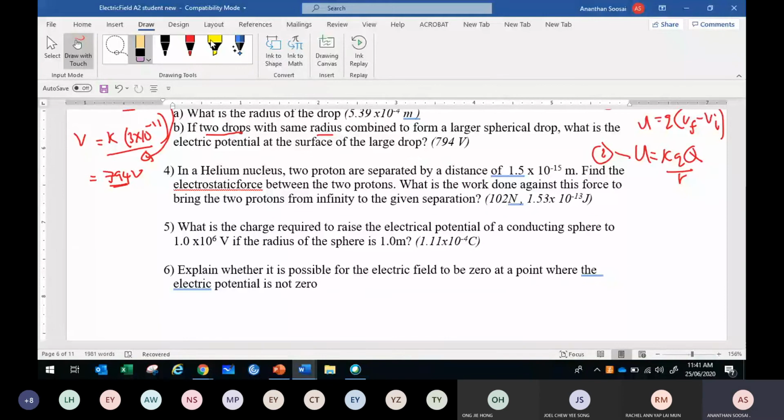Hope you get the answer in the bracket. You need to get these two answers.